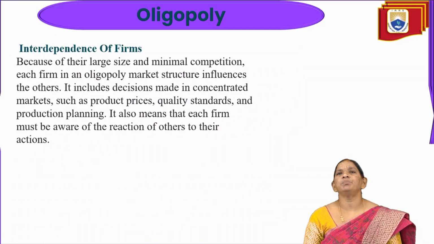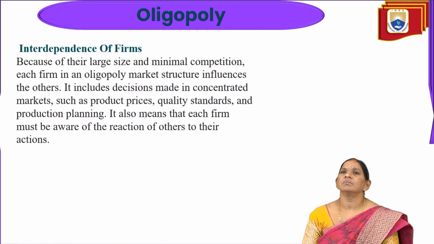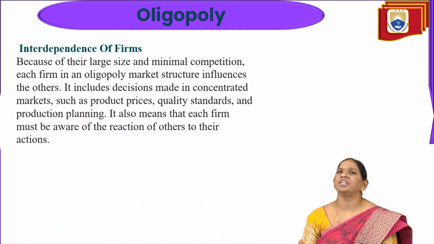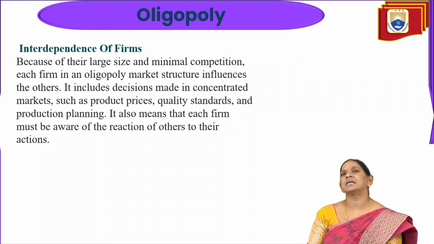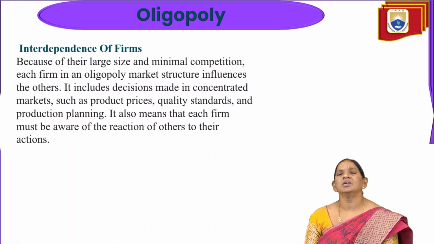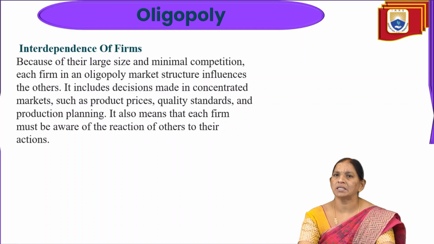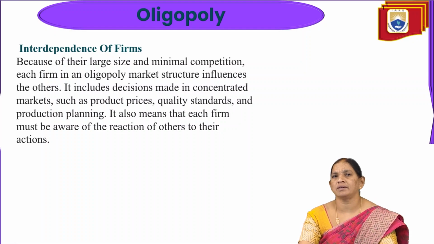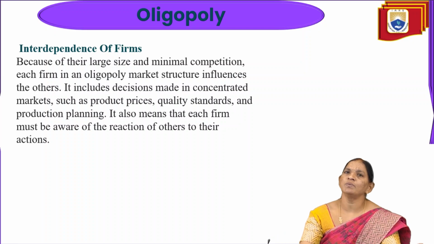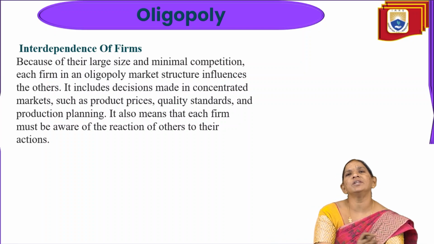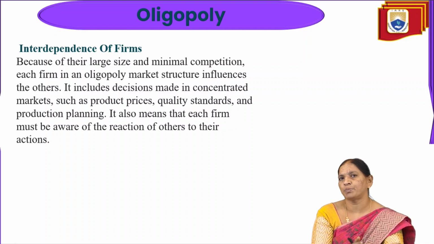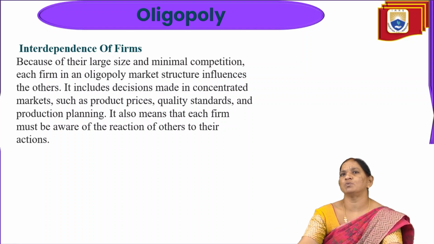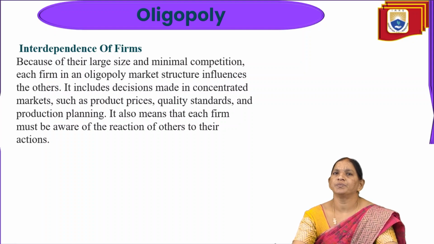Next, interdependence of the firms, means one firm will be dependent on another firm. Because of the larger size and the minimal competition, each firm in the oligopoly market structure influences the other. Means one firm's decision will be influenced by the other. Why? Because when one firm, maybe the larger firm, decides the price, automatically the other firms will also decide. Yes.